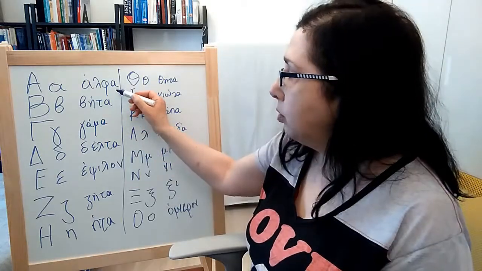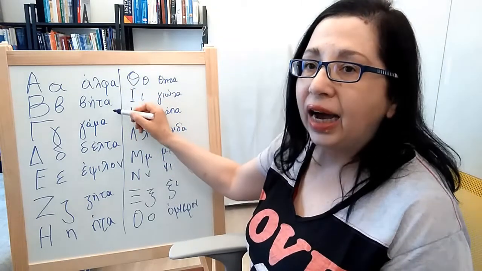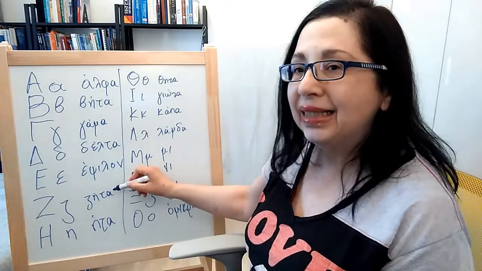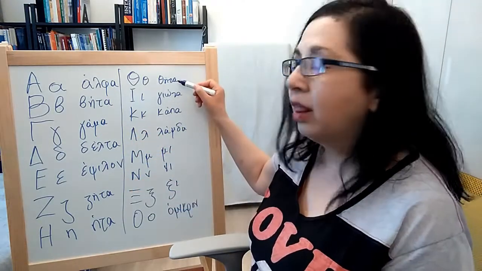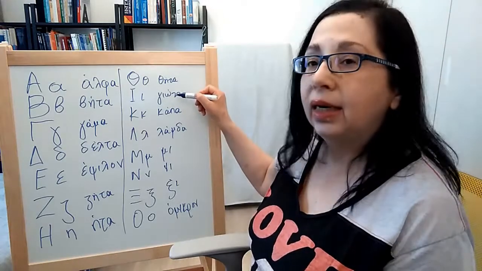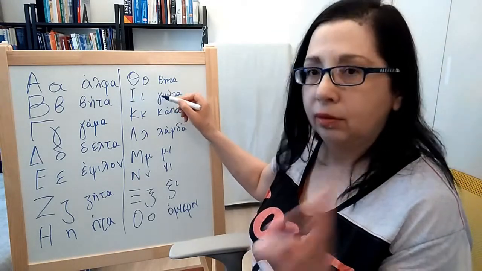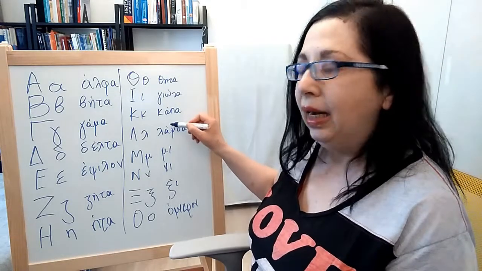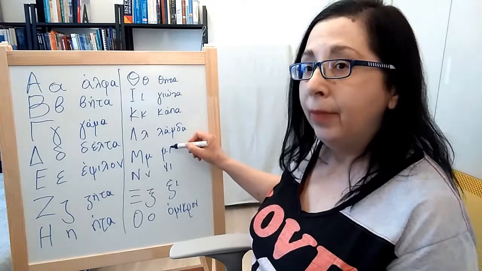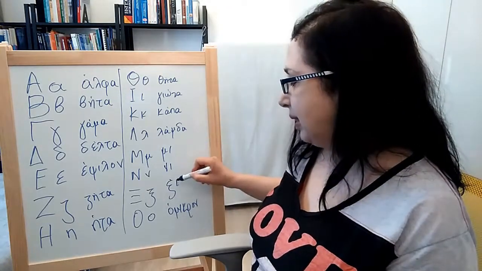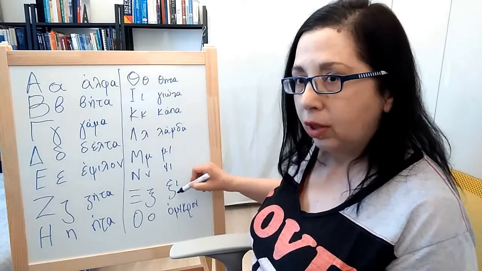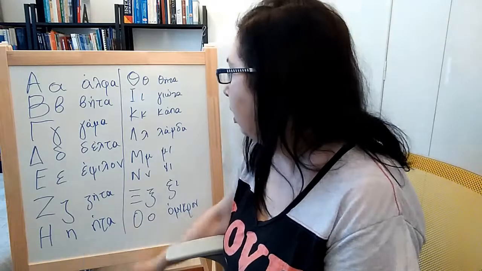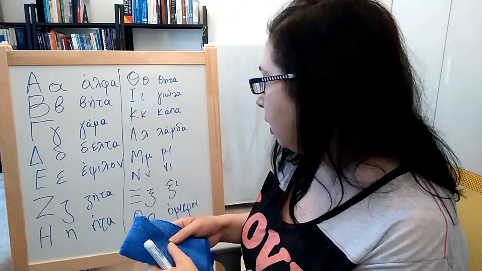Okay, and the sounds: A, V, G, D, E, Z, I, F, sorry, I, K, L, M, N, X, O. Okay, the sounds. Give me a minute to move on with the rest.